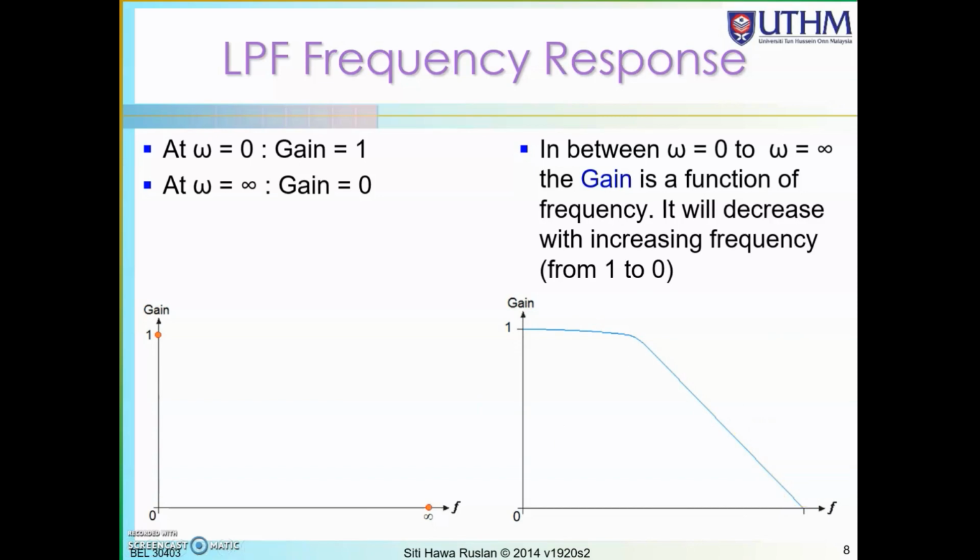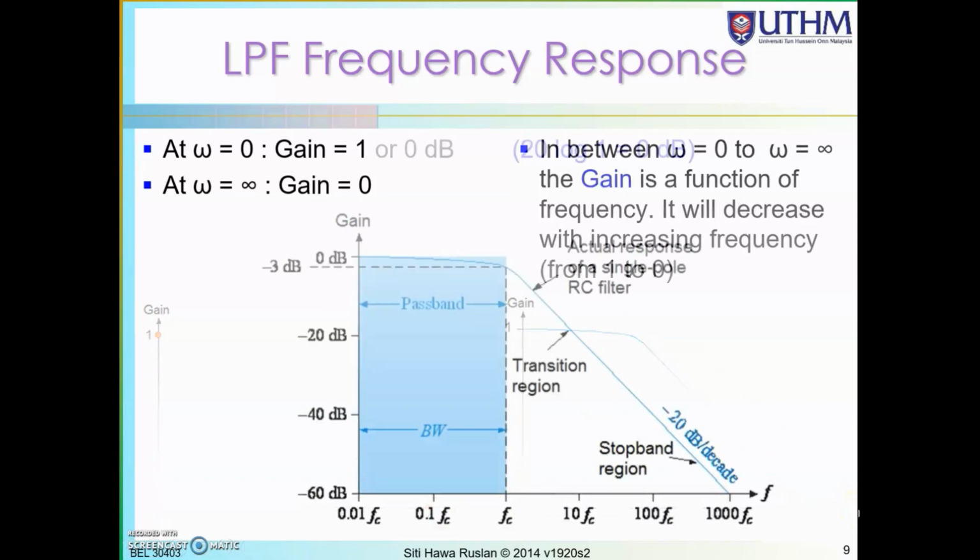Meaning at a very high frequency, the gain will be reduced. This is the frequency response of a low pass filter. The maximum gain is 1 at the pass band, or at frequencies less than the cutoff frequency, but the gain will slowly decay.